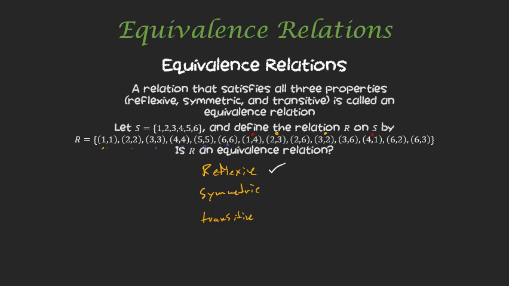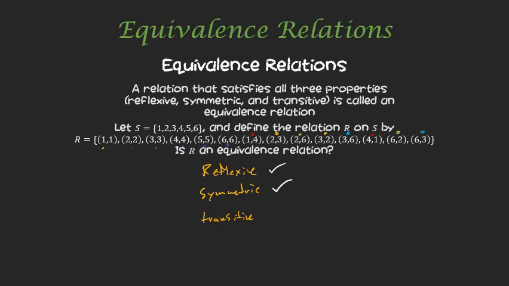We'll keep going. 2 is related to 6, and 6 is related to 2. And we only have one other pair to check. 3 is related to 6, and 6 is related to 3. And so for every relation between elements in here, if A is related to B, then B is related to A. And so this is symmetric.